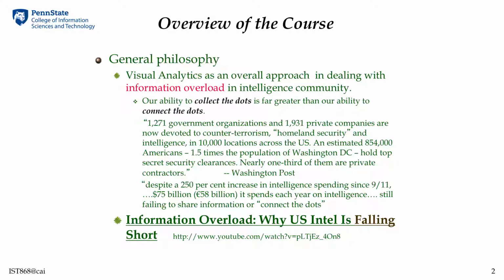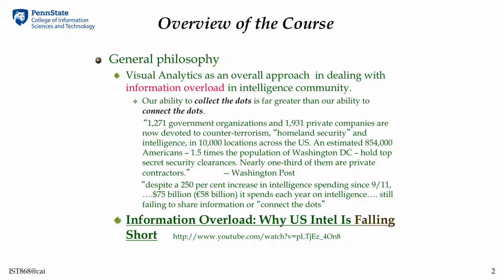Take the intelligence community as an example. As we know, the U.S. government has invested so much resource and energy in homeland security and intelligence collection, such that we have probably one of the world's most powerful mechanisms for intelligence gathering.